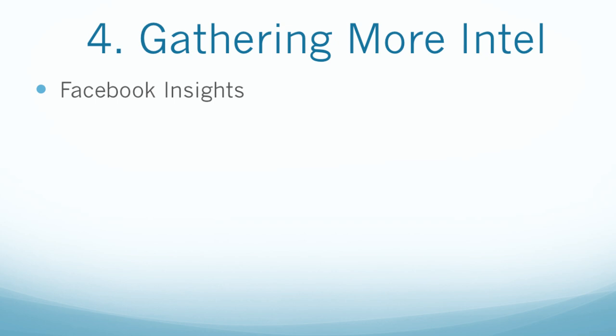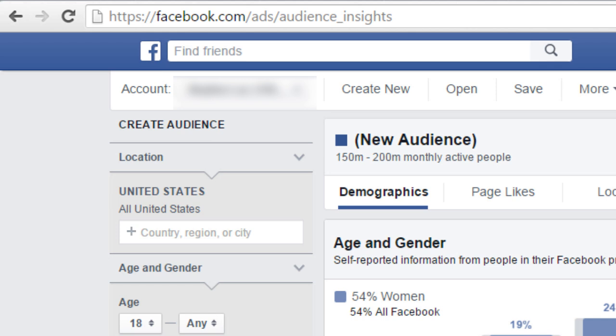So first things first, in order to do this, we are going to utilize the Facebook Ad Audience Insights free software application. Now, you obviously do need to have a Facebook account in order to do this.